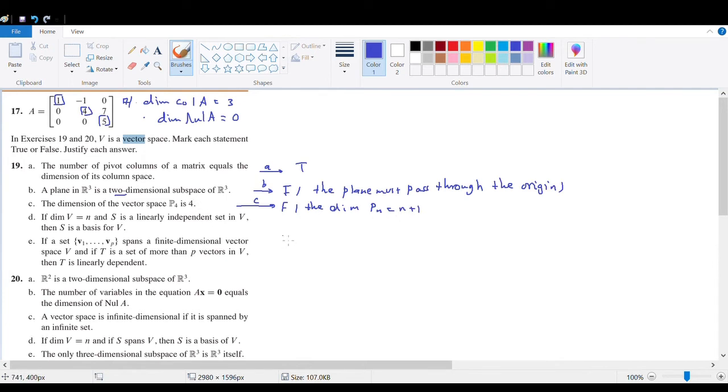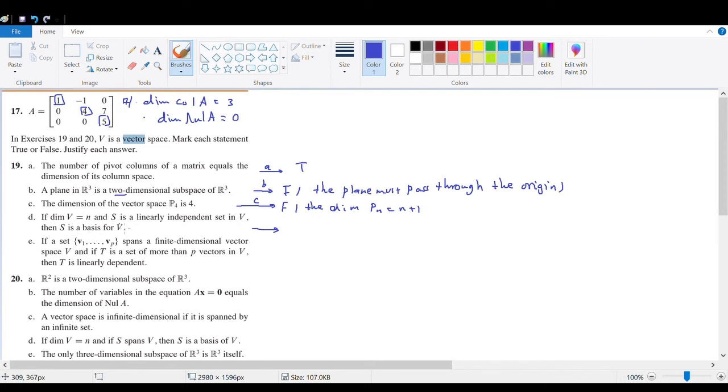D: if the dimension of V is equal to n and S is a linearly independent set in V, then S is a basis for V. This is from theorem 12. First, the set should contain n linearly independent vectors, then we can conclude that it is a basis for V. But here it says that if S is any linearly independent set, then it is a basis.